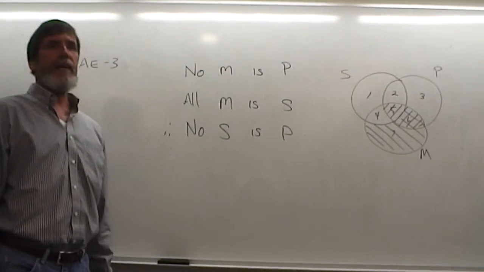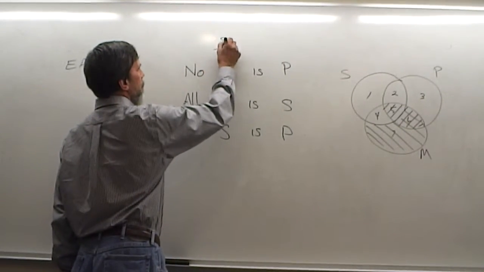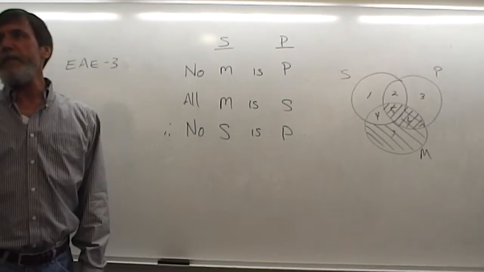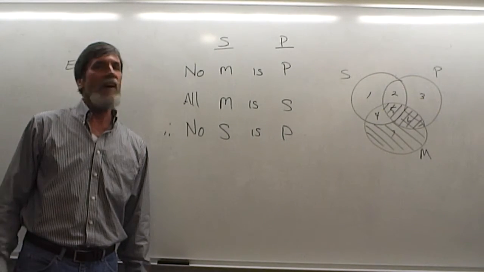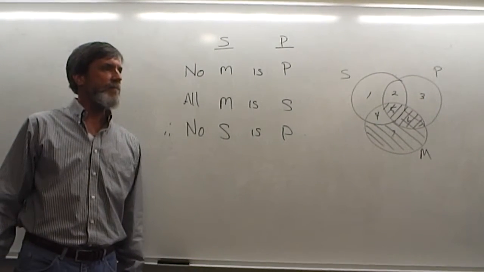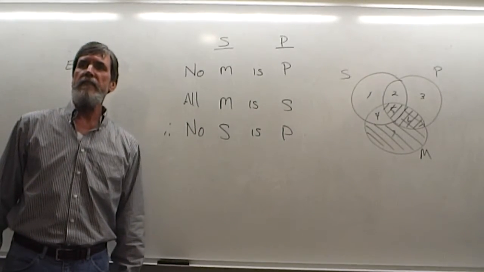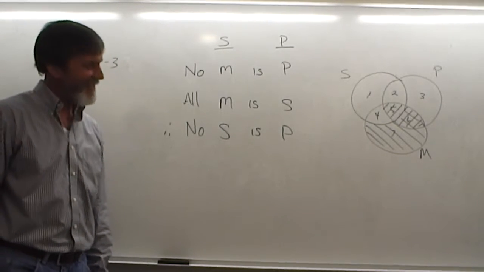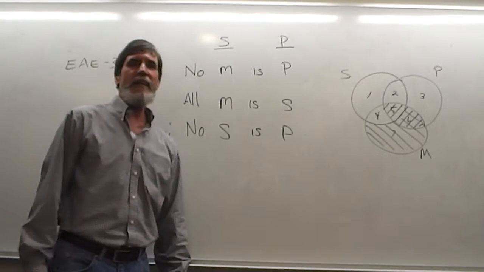Let's go through them one at a time again. Is my middle term distributed in at least one premise? Yeah. It's distributed in both premises. Only has to be in one. Is either term distributed in the conclusion? Yeah, both of them are. So each one must be distributed in its premise.